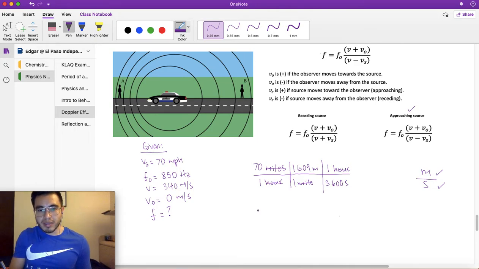So it would look like this. 70 times 1,609 meters times 1, divided by 1 times 1 times 3,600 seconds.